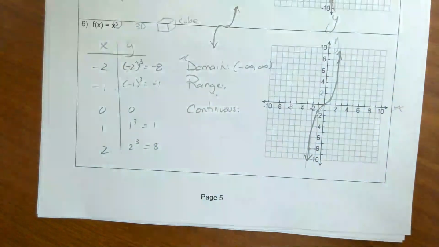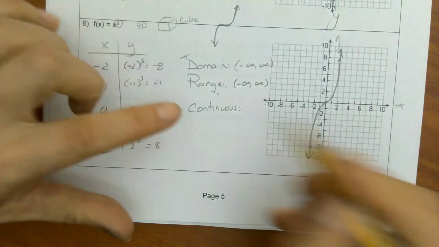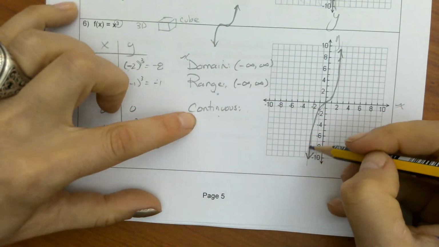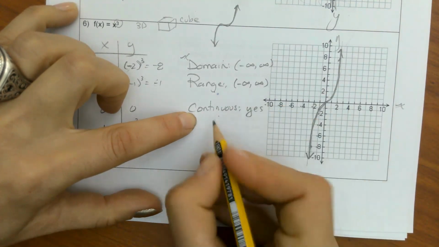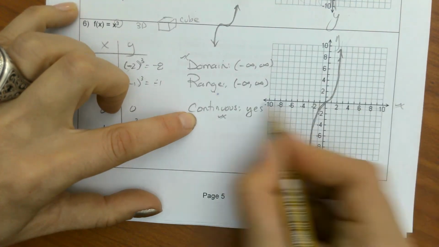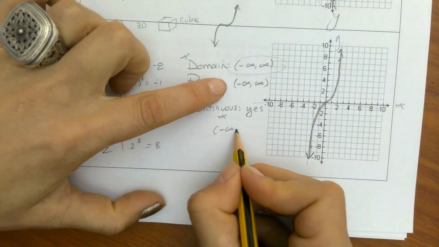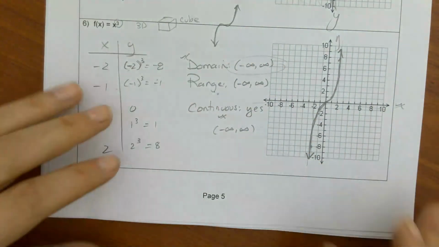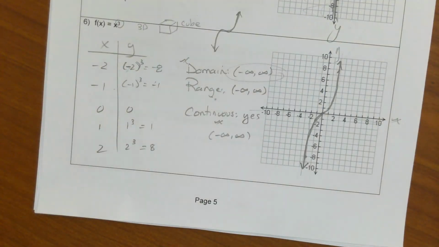So it's everywhere for the range as well. So they're the same. Is it continuous? Can I draw it without lifting my pencil? Yes. And where is it continuous? We always look at the x-axis. Everywhere. And here is everywhere. There. What's next? Okay. We are done those examples.